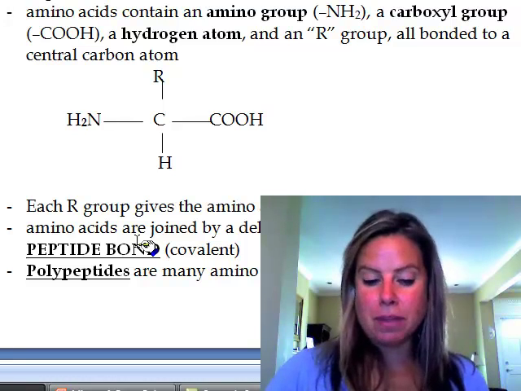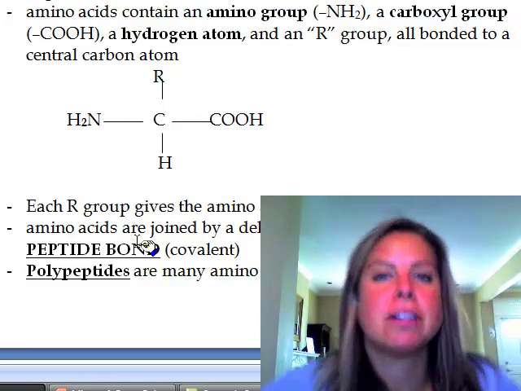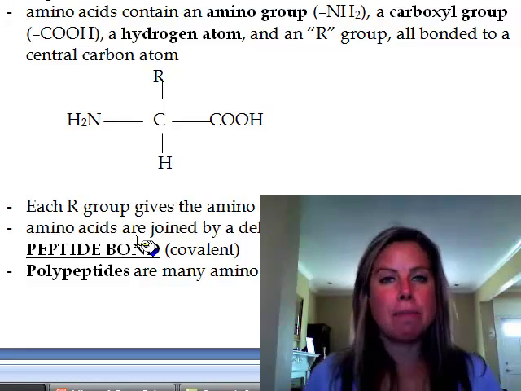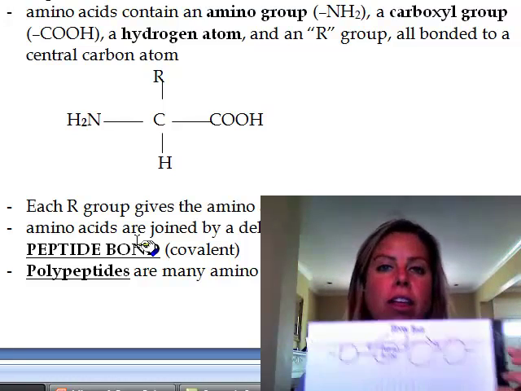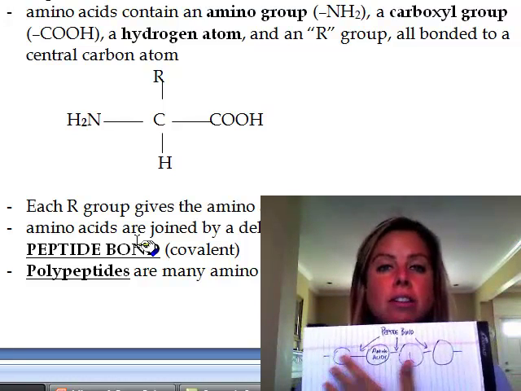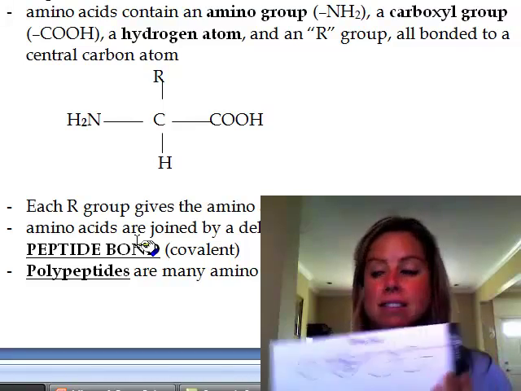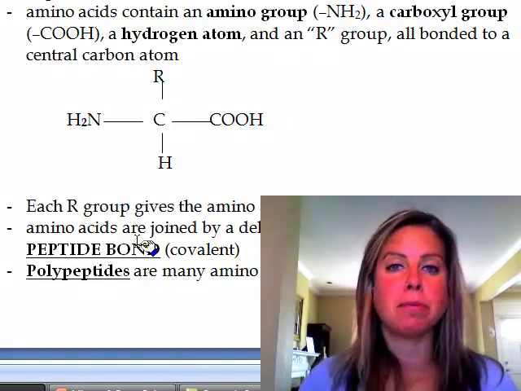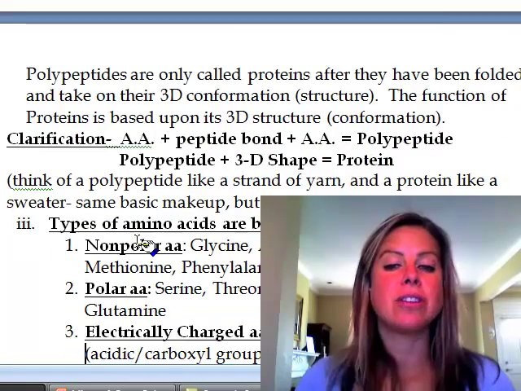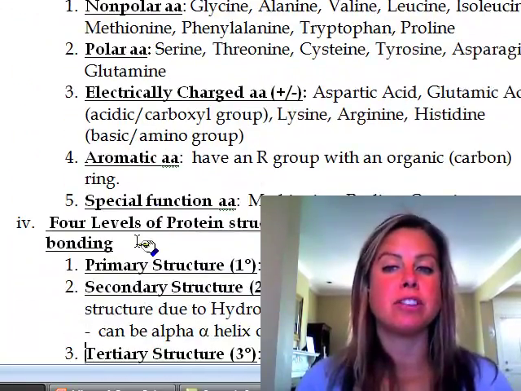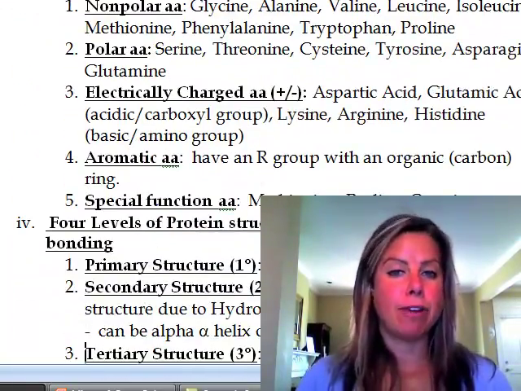So I brought up the next point, which is a tough one for people to understand. A polypeptide is what we would call this right here. It's just a long strand of amino acids. It doesn't become a protein until it actually gets folded into its three-dimensional shape. And this is what I have written here.